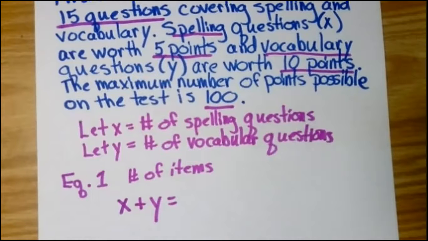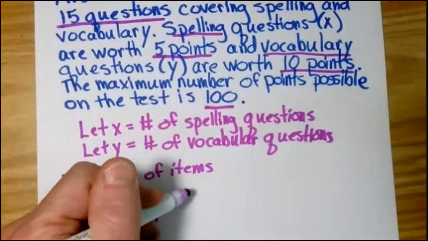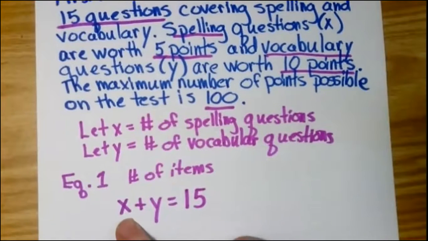Somewhere in the word problem. Exactly, you can just see it. 15 questions total, right? They were divided between spelling and vocabulary, and altogether there were 15. So there's our equation number 1.